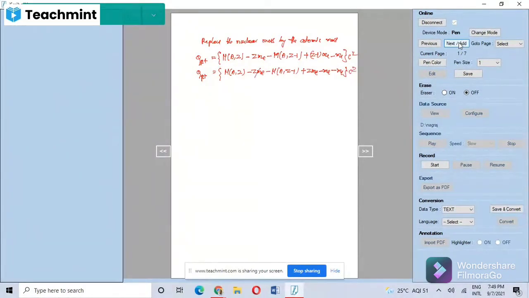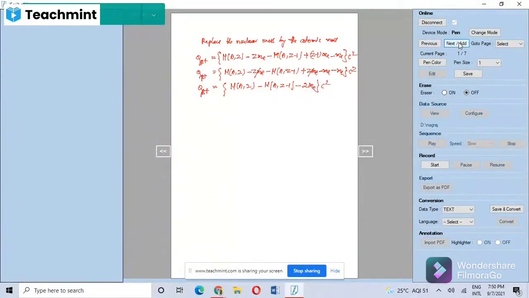Plus ZME and minus ZME get cancelled. So Q beta plus is equal to M of A comma Z minus M of A comma Z minus 1, minus 2ME, into c square.